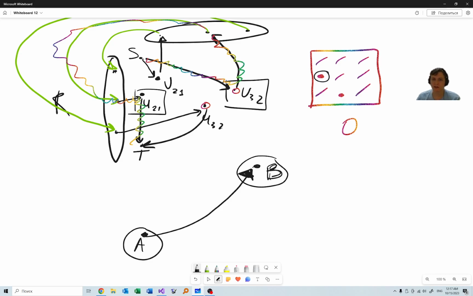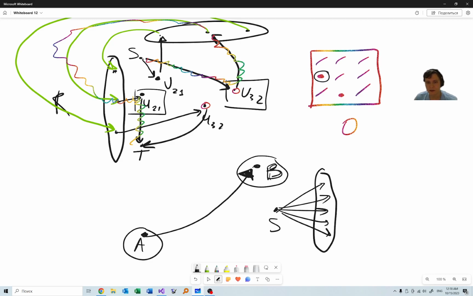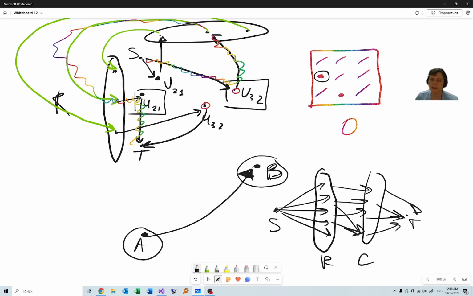So usually what we do in these cases, we create some sort of source here. Then we do this. Then we do this. And finally we go into the sink. But this is bad because we would just find the maximum matching.